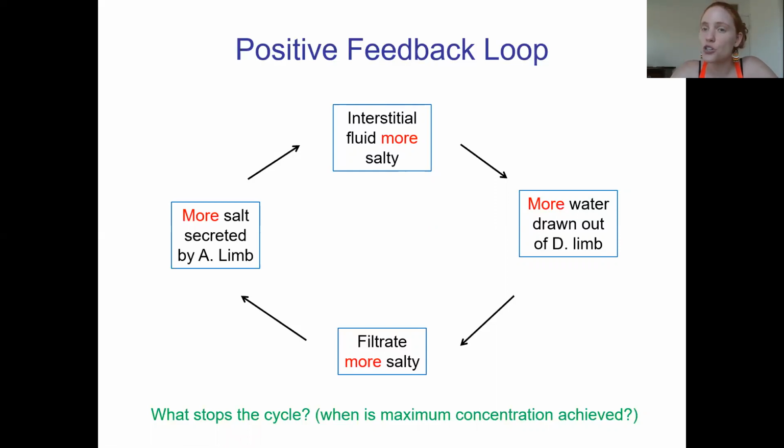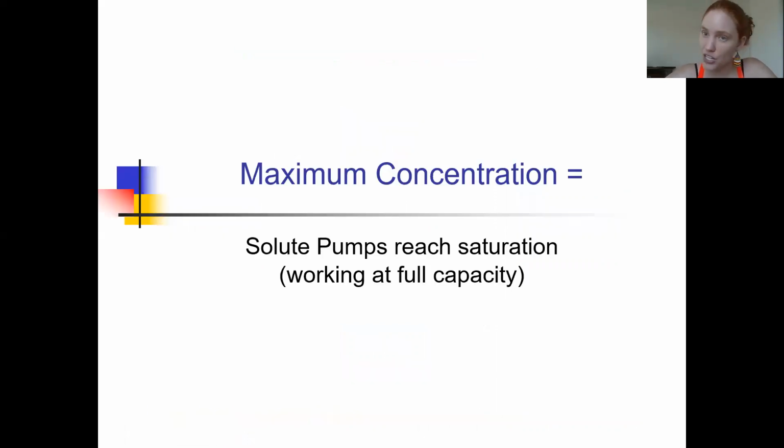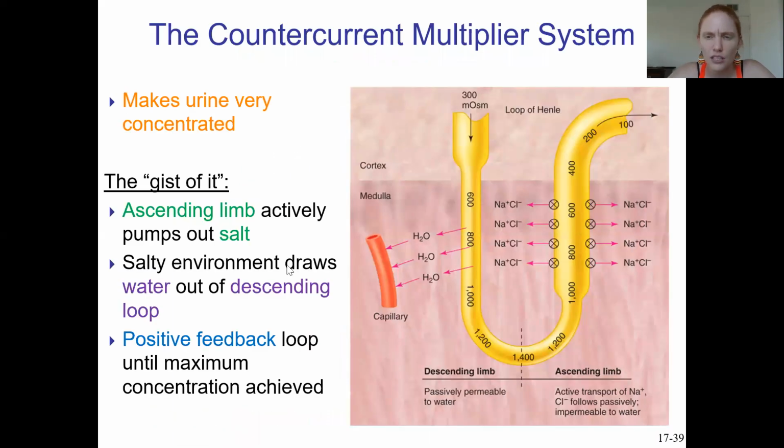It has to do with the fact that these salts are pumped by carrier proteins, and carrier proteins exhibit saturation, right? So at some point, it's usually about 1200 milliosmoles. What is it? 1200 milliosmoles. There we go. That's 1200 milliosmoles.